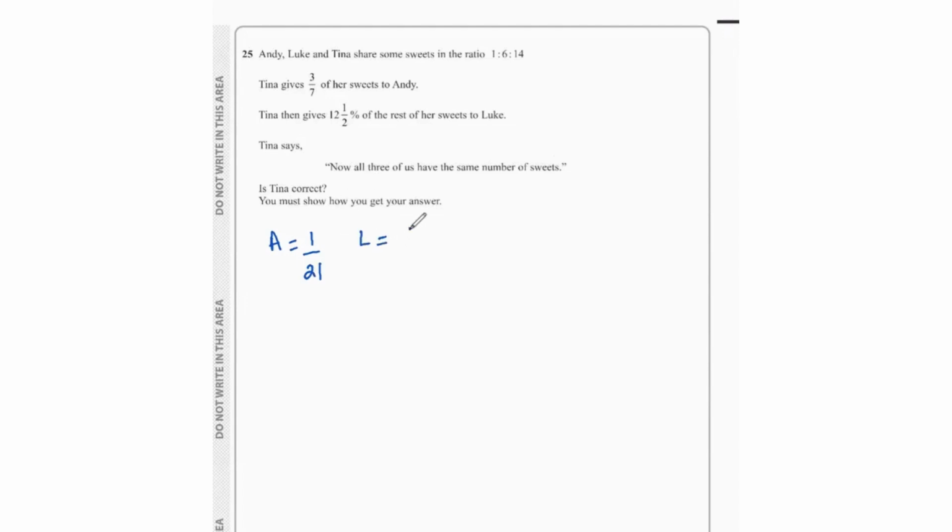Then for Luke, that's going to be 6/21. And Tina is going to be 14/21. Now, if Tina is giving 3/7 of her sweets to Andy, so that's going to be 14/21 times 3/7, which is basically going to give us 6/21, which simplifies to 2/7.